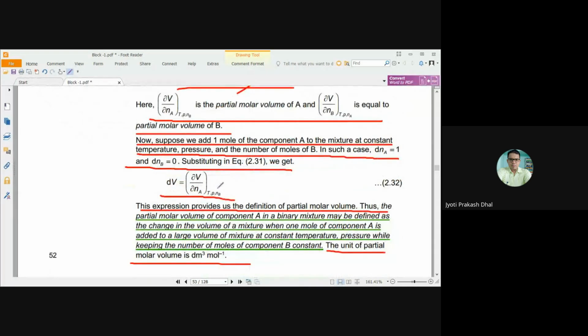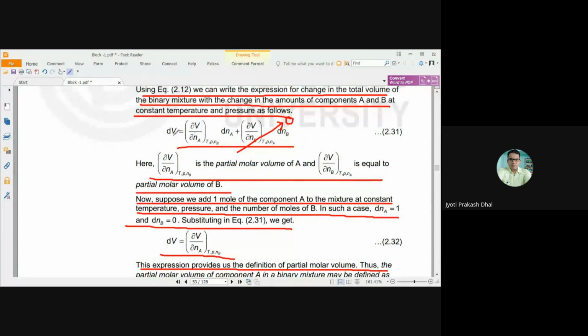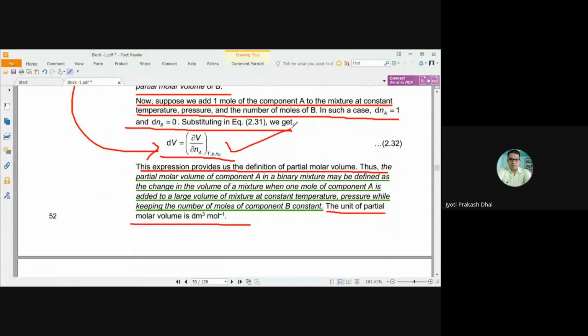So equation 31 converts to dV equals del V by del n_A at constant temperature, pressure and n_B. This is called partial molar volume.